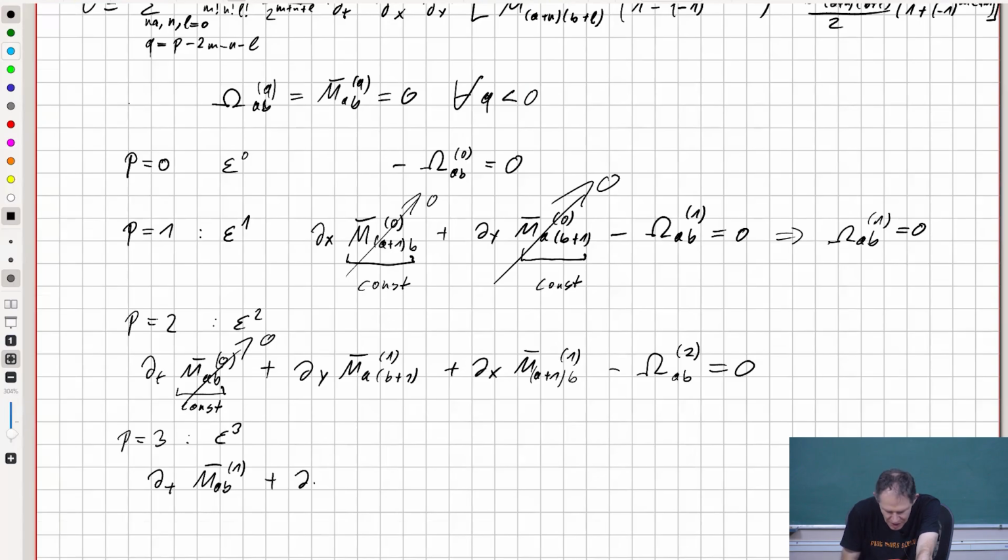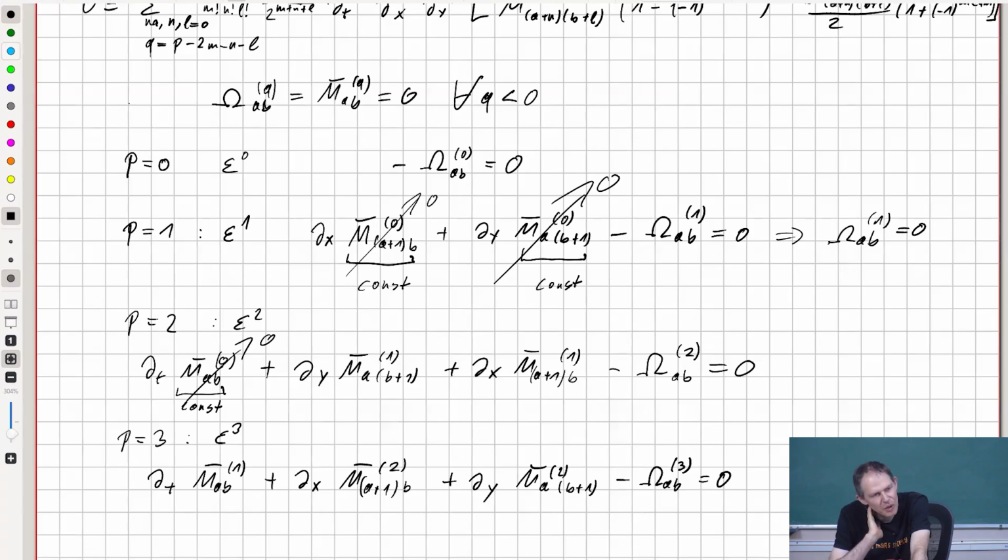Plus dx MA plus 1b, this comes to the second order, plus dy MA 2 second order b plus 1, minus omega AB to third order equal to 0.